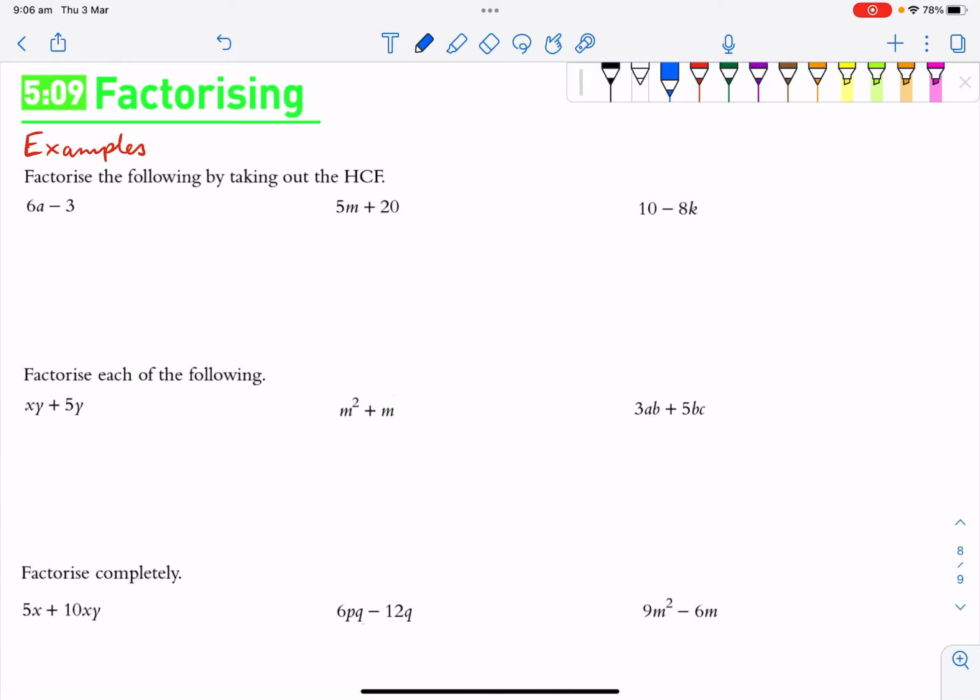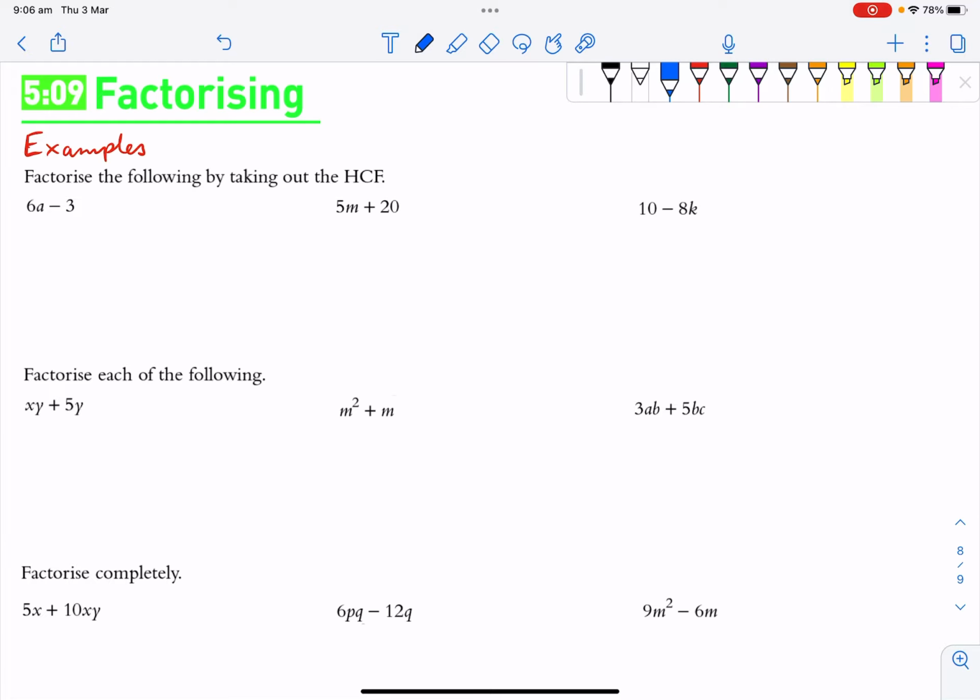Let's get started. So, as you all know, when it comes to factorization, you have to always look out for the highest common factor. That's what HCF here stands for. We're looking for the highest common factor. In this series of examples, we've got factors which we're looking for that are numerical.